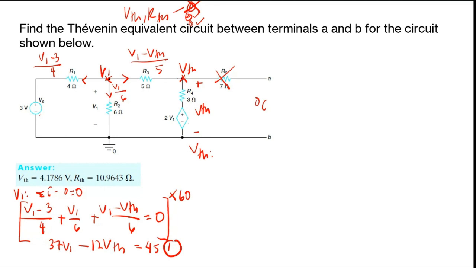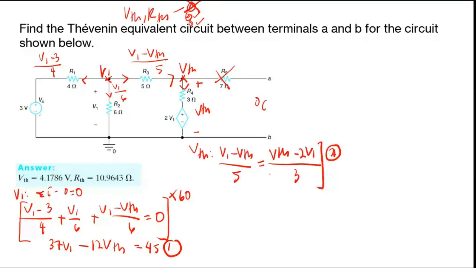Let's say this is the current direction and this is the current direction, so one is entering the node and one is leaving the node. So your equation is (V1 minus VTH) over 5 equal to (VTH minus 2V1) over 3. This is going to be your equation 2.